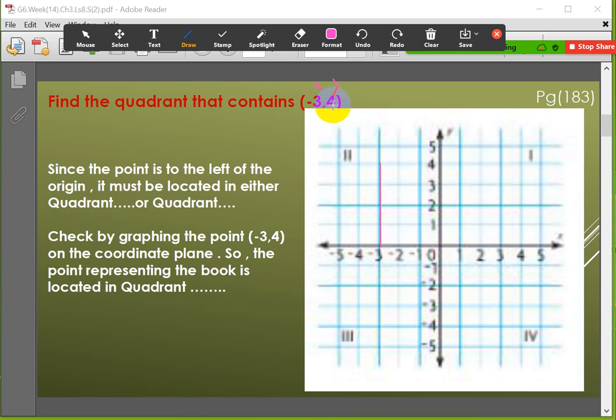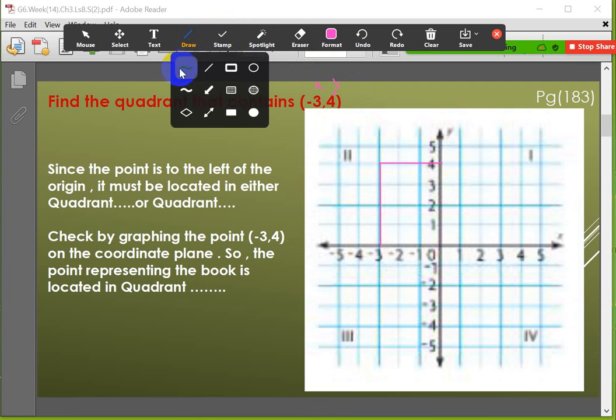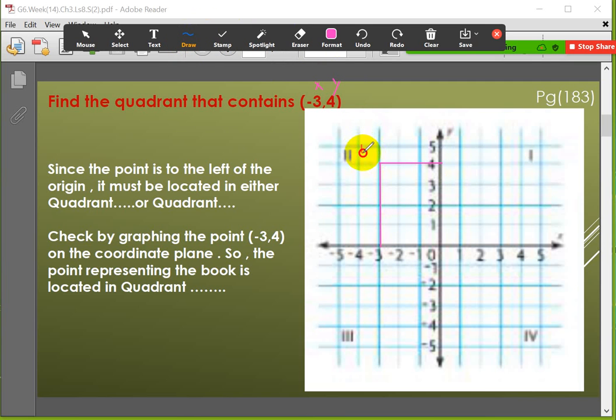The y is 4, that means positive, up over the 0. This is 4, and I have to take a horizontal line. It will intersect the first one on this point, and this is the point of negative 3 and 4.